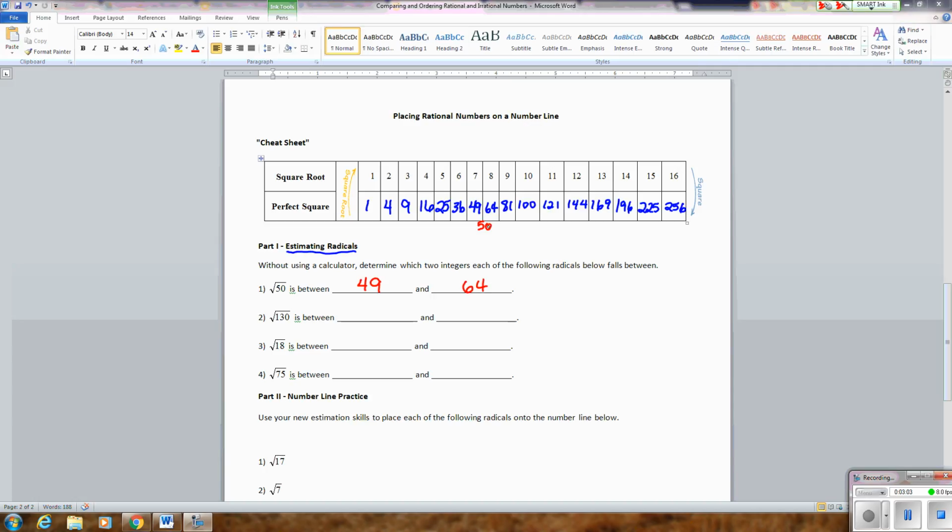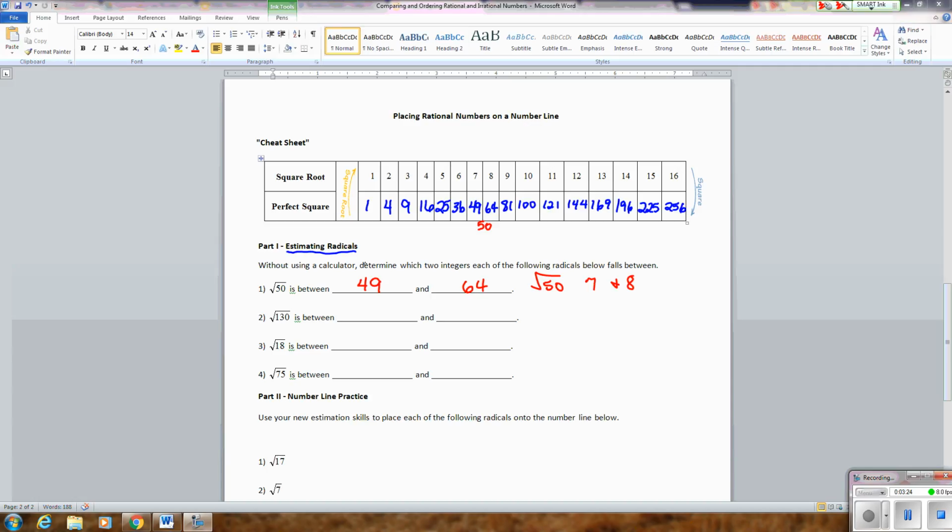So if I were going to take the square root of 50, which is what this asks for, I know the square root of 49 is 7, and the square root of 64 is 8. So I know that the square root of 50 is between 7 and 8.